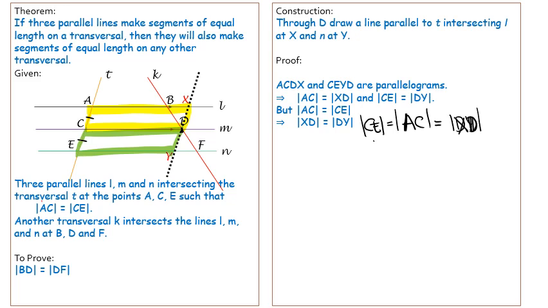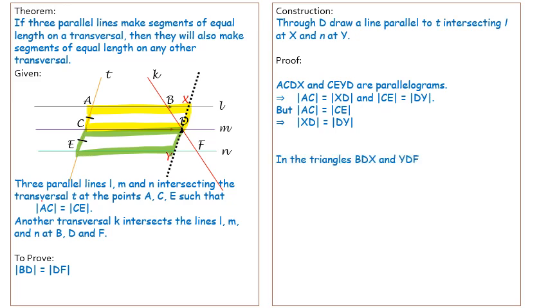So that means that CE and XD must be equal. But likewise, CE was equal to DY, so DY must be equal to XD. If something is equal to two things, then those two things must be equal. So we can use that to show that XD is equal to DY.